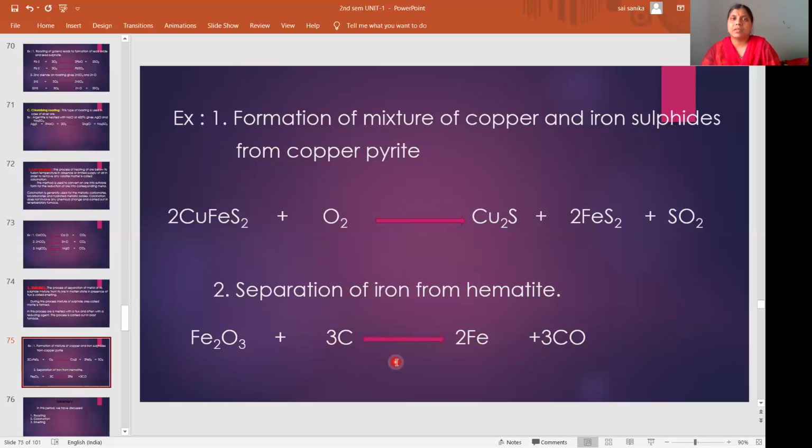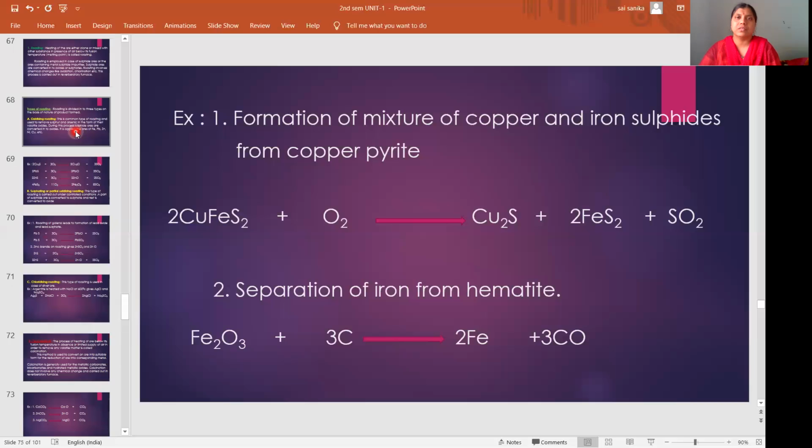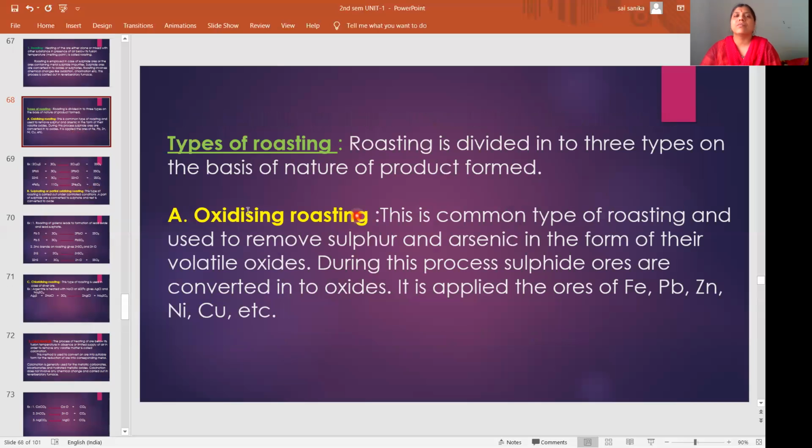Extraction can be done in three steps: roasting, calcination and smelting. Roasting is again of three types. Roasting means heating the ore in the presence of oxygen. During roasting, chemical changes take place, and it is done in a reverberatory furnace. The first one is oxidizing roasting, in which total sulfide ore is converted into oxide ore.